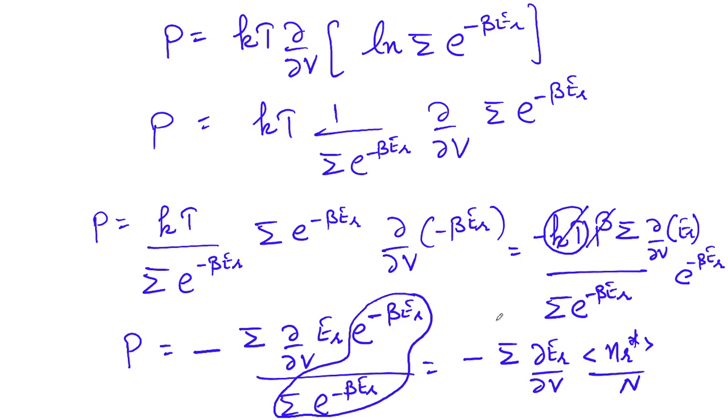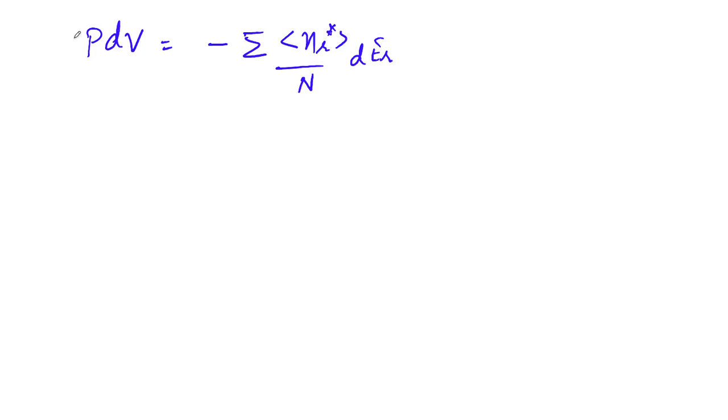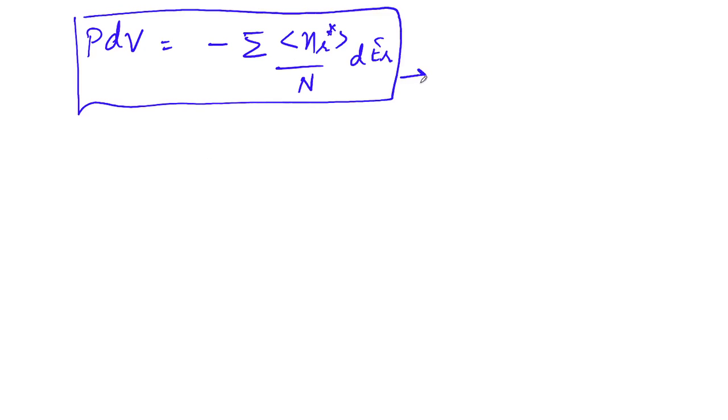So this PdV, if I move this derivative of V to the left hand side, this P into delta V is generally known as the work done. It comes out to be minus the summation of n_r star over N dE_r.